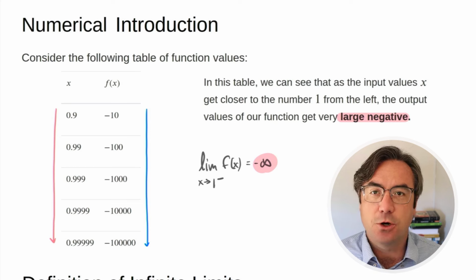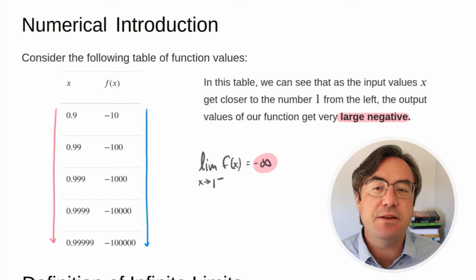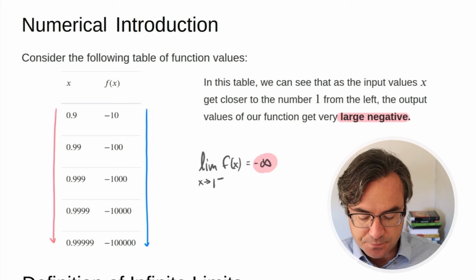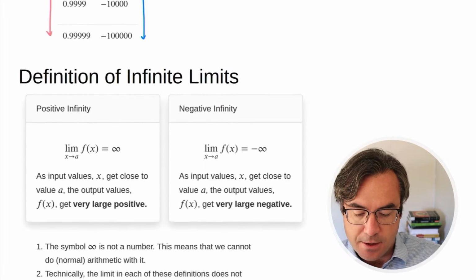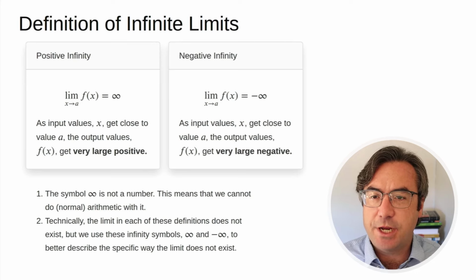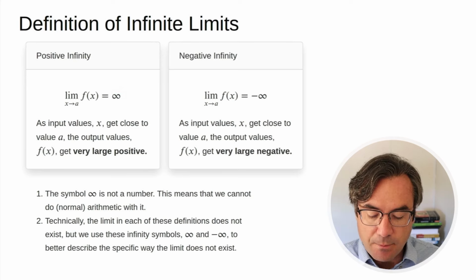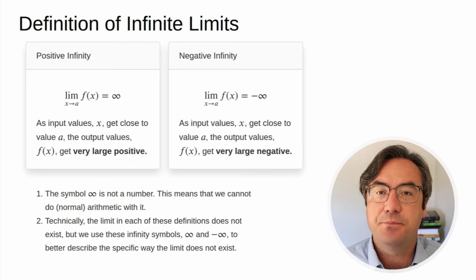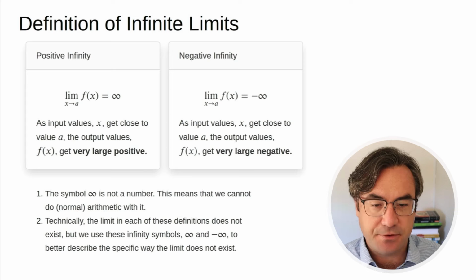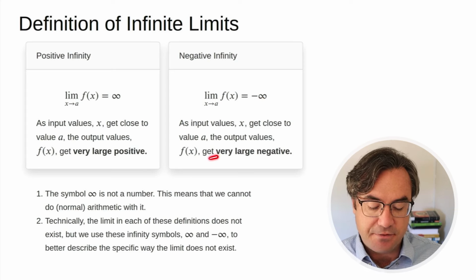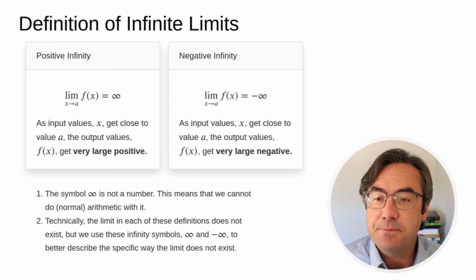Okay, so graphically and numerically, we've seen infinite limits before, and we've seen the notation: positive infinity if the output values are getting large positive, negative infinity if the output values are getting large negative.